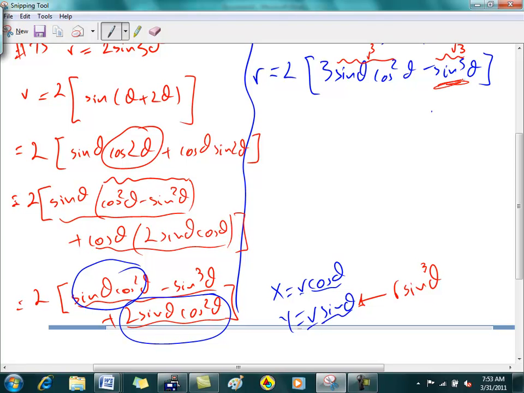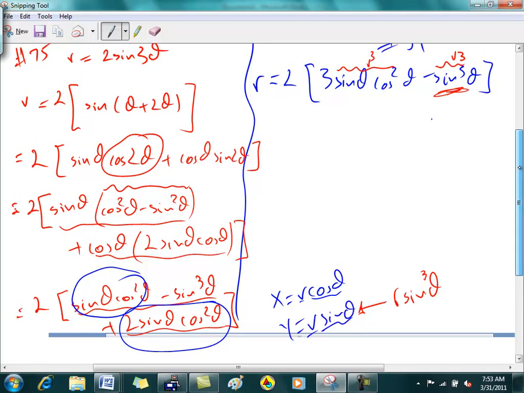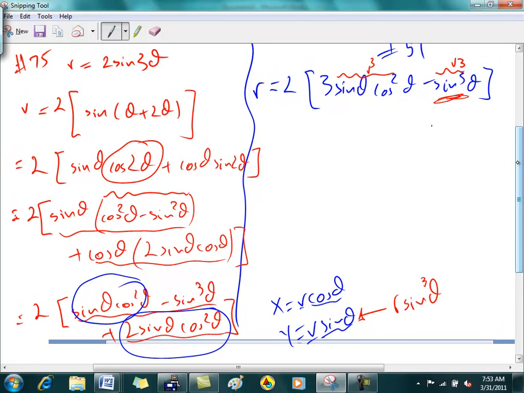I need it right there, because it's sine cubed theta. This thing here is sine cubed theta. So since sine and r are both going together, clearly r is going to be cubed as well. So in other words, I need r cubed on all these guys.